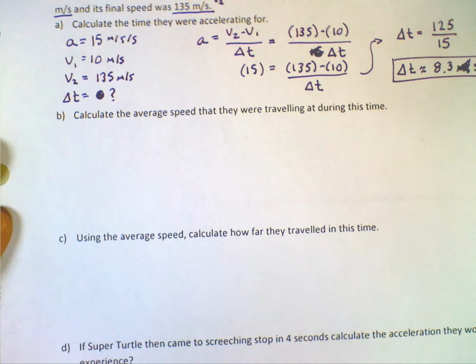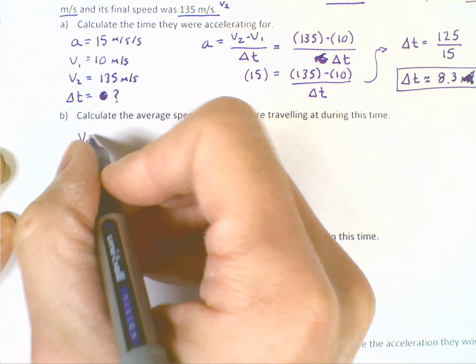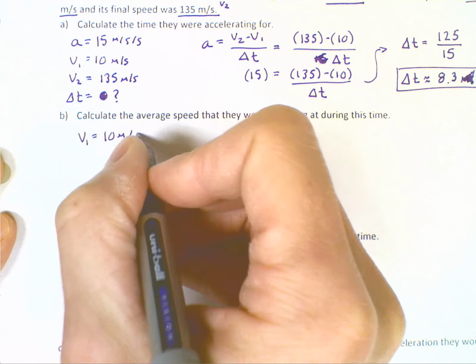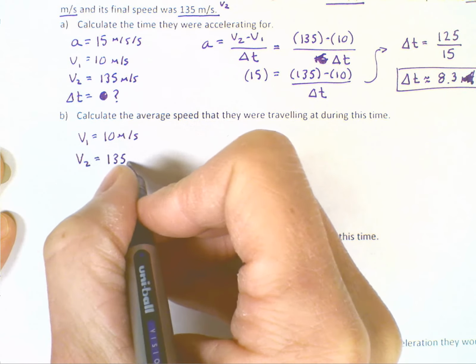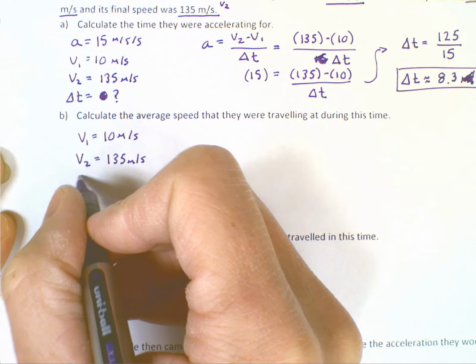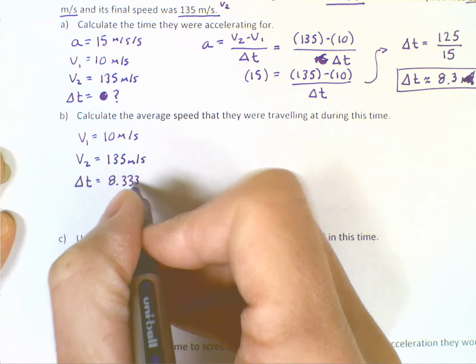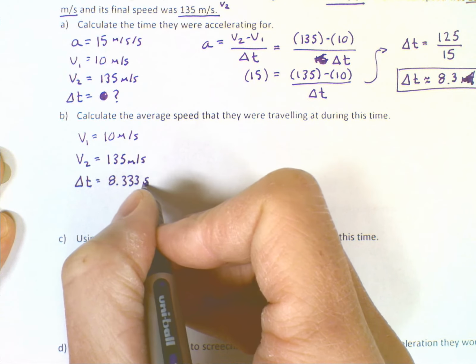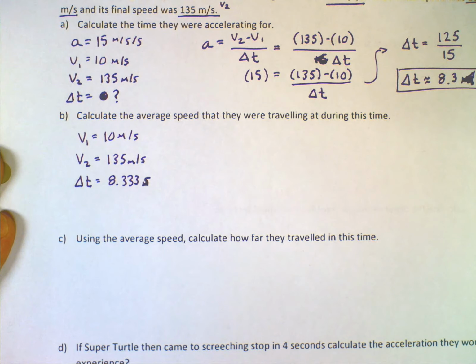Calculate the average speed. Alright. The average speed that they were traveling at. Well, we know v1 was 10 meters per second. We know v2 was 135 meters per second. We know that the time they were accelerating for was 8.333 seconds. And that's really all we need to find.